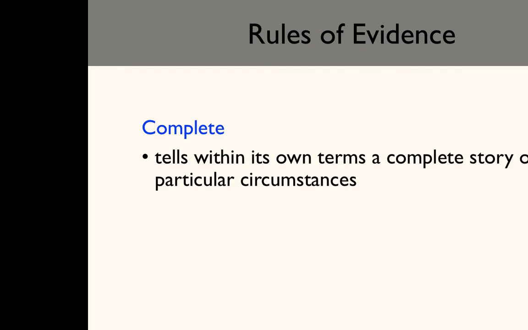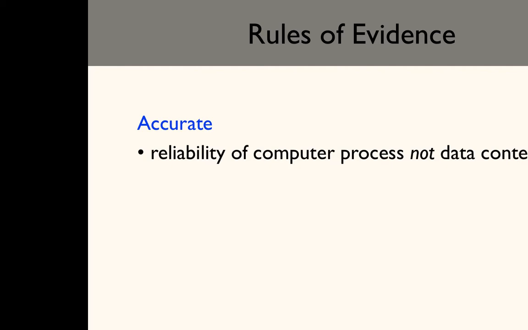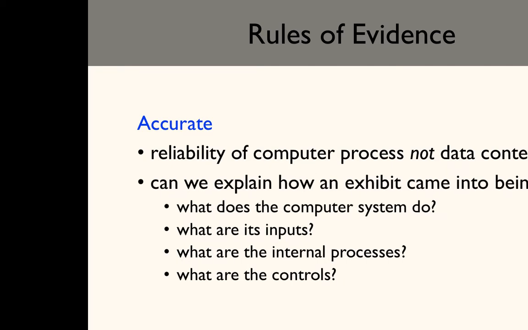So the prosecutors are supposed to give a complete story. They are not supposed to just give the evidence that supports their claims. And accurate means the reliability of the computer process should be maintained. So what they are doing should be legal, and it should be possible to verify that they follow all the legal steps.